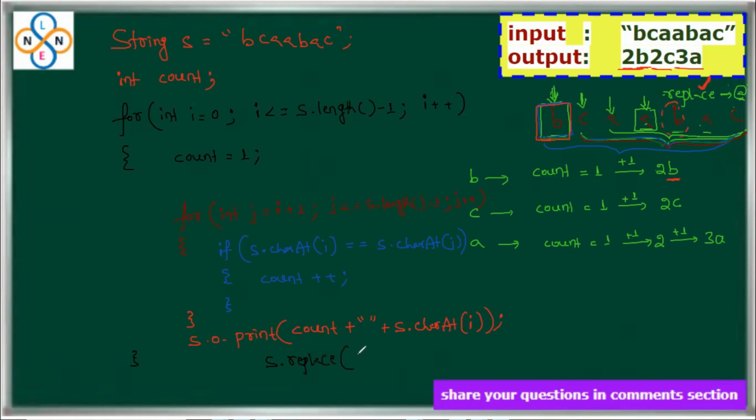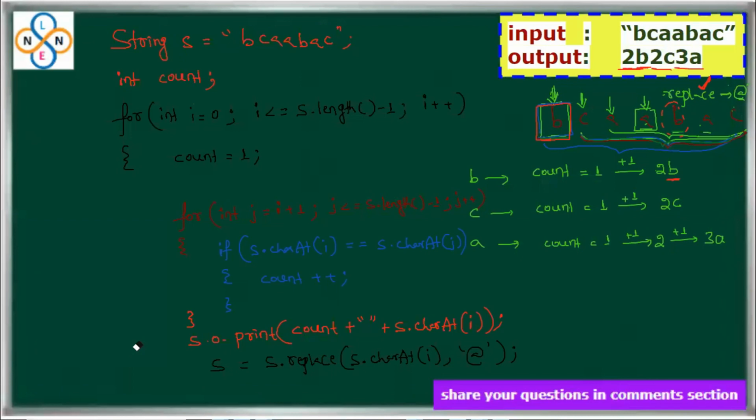Replace what? The current character, that is s dot charAt i, comma, replace with what? Some common special character. So let me use, in single quotes, the at the rate symbol, a special character which I am choosing for replacing. Then this change has to be assigned back to the s variable.